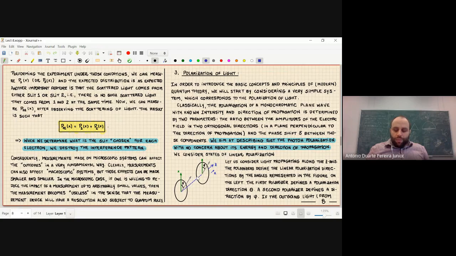And after passing the second polarizer, it is going to have intensity I, okay? So the intensity after the second polarizer is I, but it's not a random number, it's related to I naught by the cosine squared of the difference between theta and phi, okay?